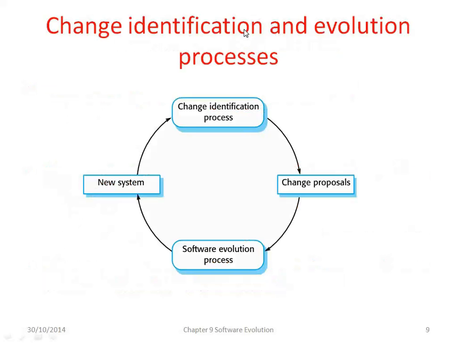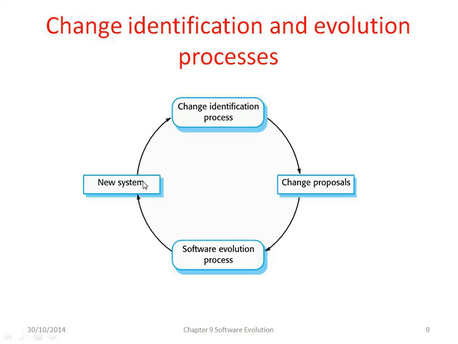See the given diagram, the change identification and evolution process. In the change identification process, you identify what changes are required in the existing system, propose those changes and modify it. That is the evolution process. What you get after modifying is called the new system.